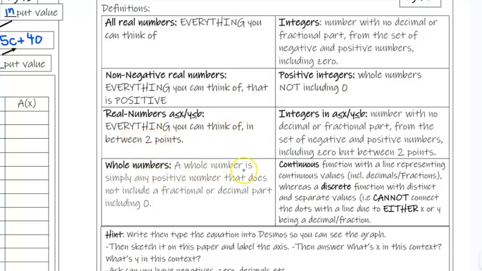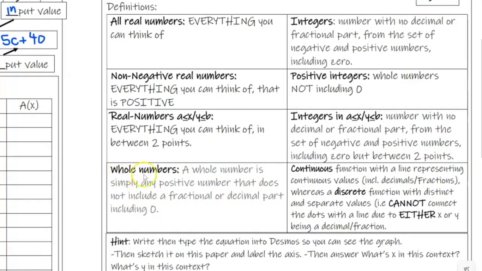Whole numbers: a whole number is simply any positive number that does not include a fractional or decimal part, including 0. So I just want to highlight the difference between whole numbers and integers. Whole numbers are basically any positive number that's not fractions or decimals, but it also includes 0. So that means 0, 1, 2, 3, 4, 5.